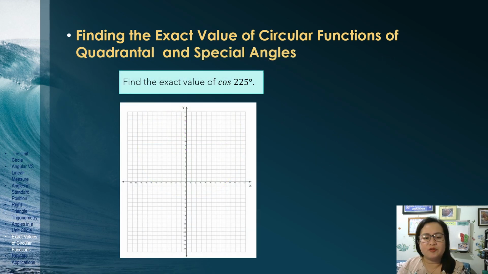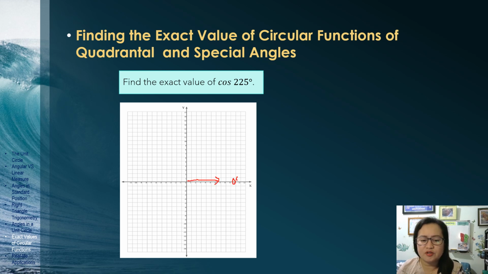Now let's say you're asked to find the exact value of cosine 225. So let's try to determine in what quadrant the angle having a measure of 225 degrees lies. Let's see, we have here the initial side.